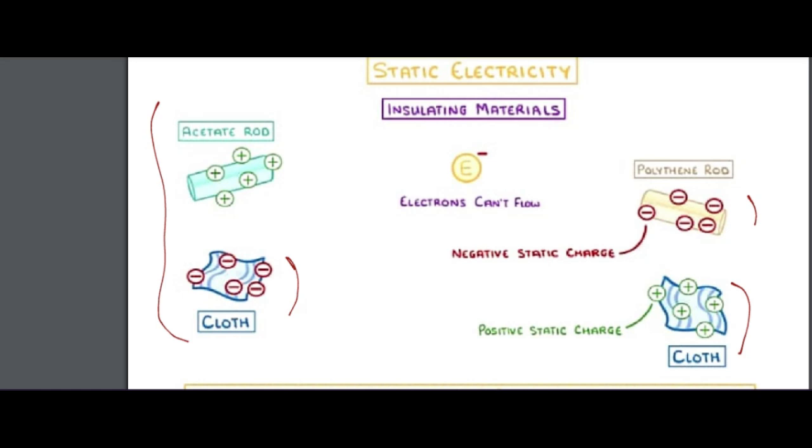And the next thing we need to look at: what happens if an object keeps on gaining negative electrons? As more and more electrons are transferred and the size of the charge increases, a potential difference will develop between the charged material and the earth or any earthed object like us, because earthed objects are always at 0 volts.